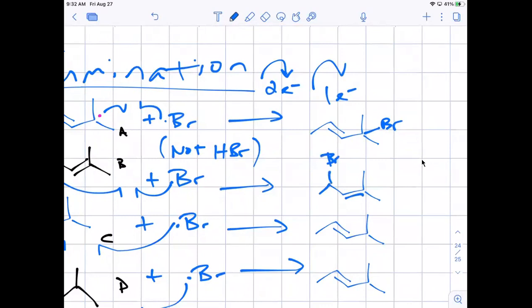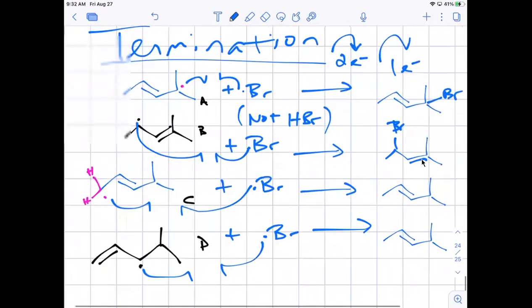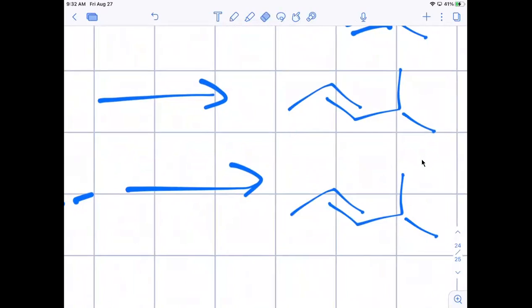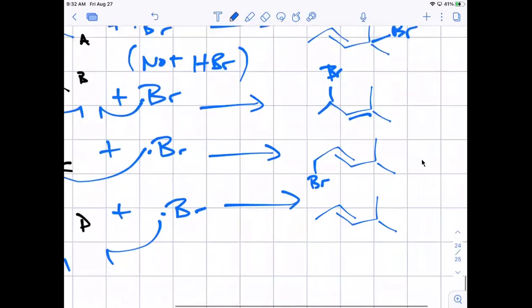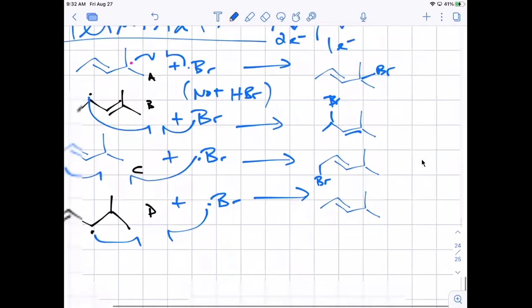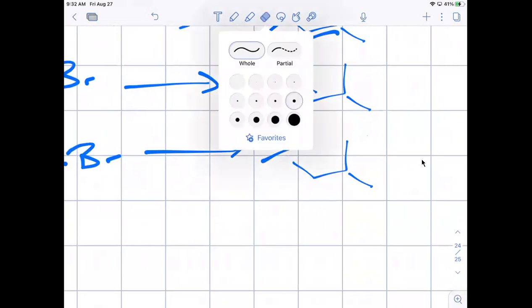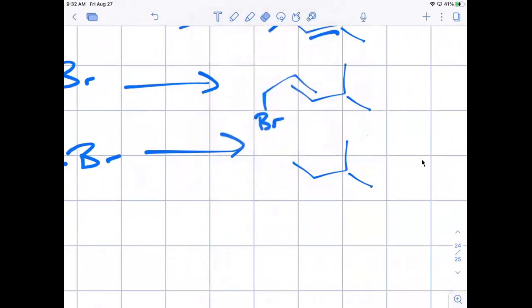Let me zoom in on that, sorry. And then where I have this is terminal. That's what I get for trying to take a shortcut.